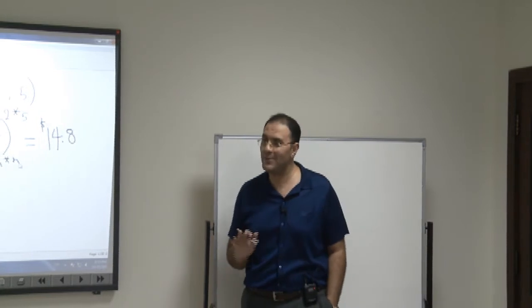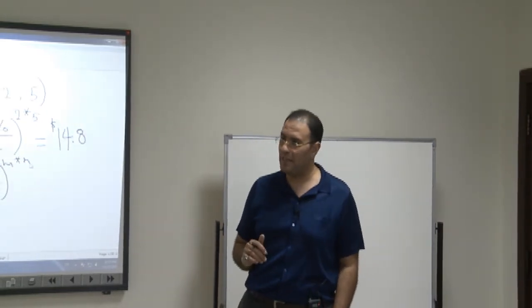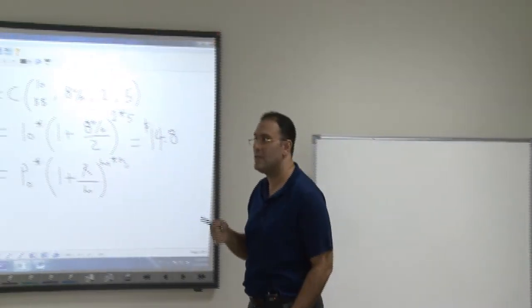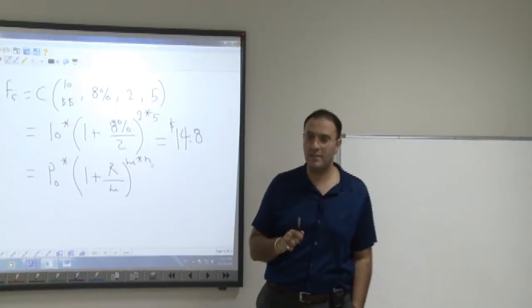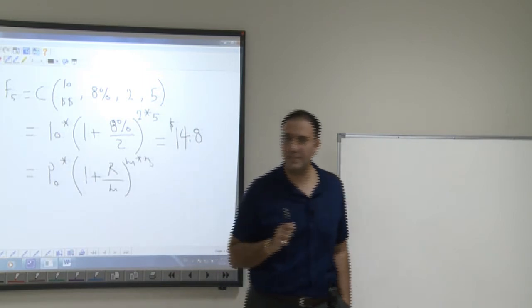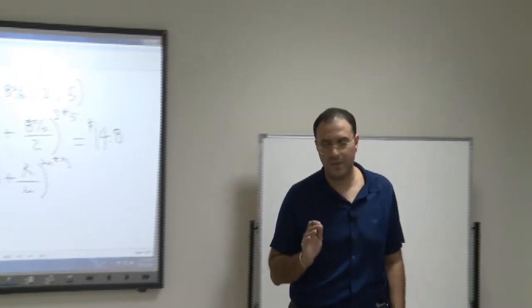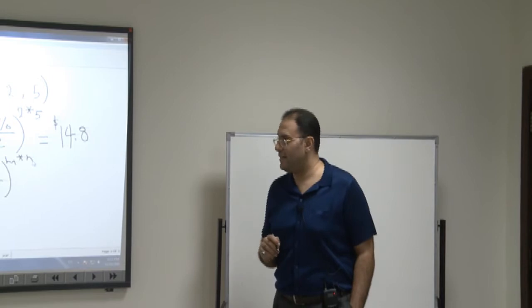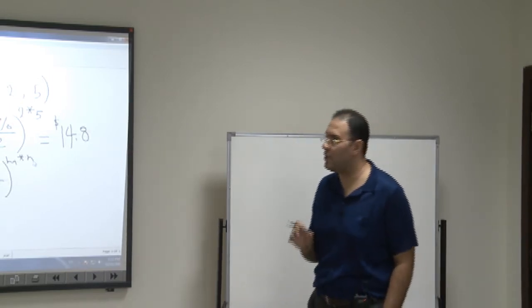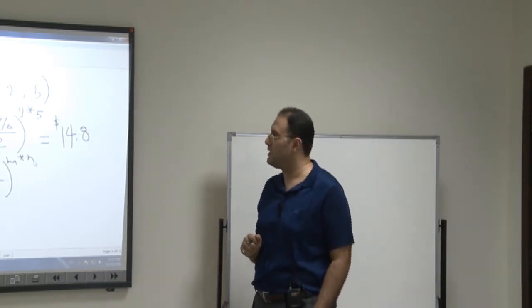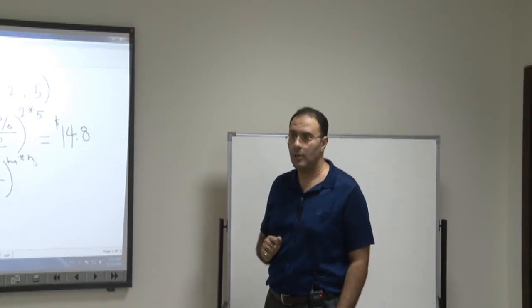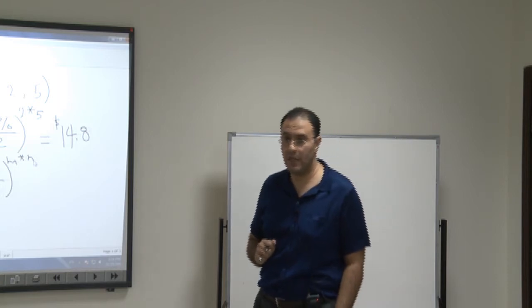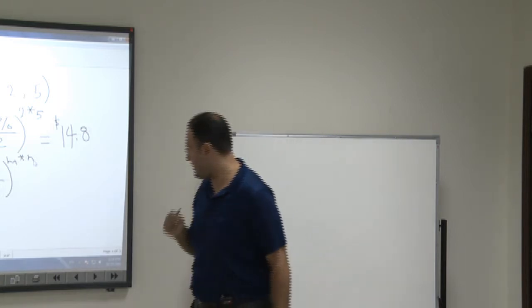It's all about time and R. It's the big question of P0, the big answer of future benefits, and the toolbox of T and R. I hope this is clear. And this is going to be our culture today throughout. Are we done, guys? All right, let's see the second problem.